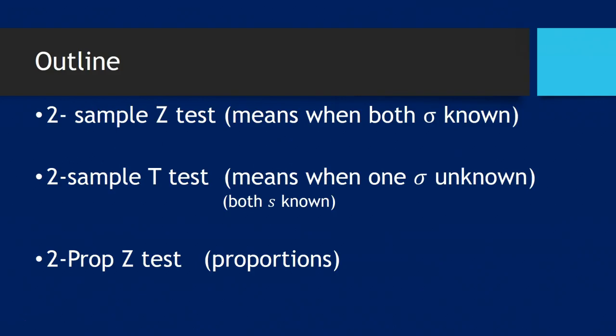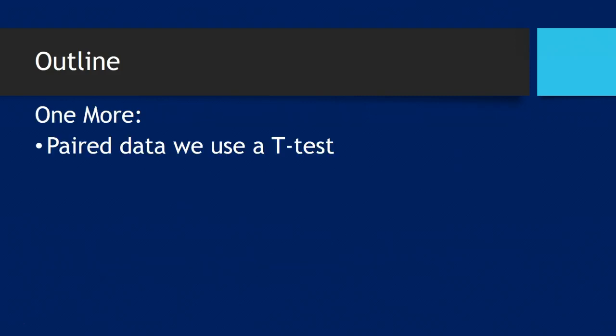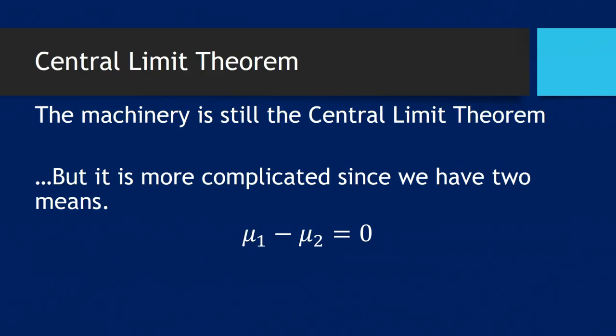There's the two-sample t-test. That's when at least one of the population standard deviations is unknown. Most of the time, we're going to have both sample standard deviations on that one. And then a 2-prop z-test with proportions. And then that last one is the paired data with the t-test. So we'll get into each of these in just a moment.